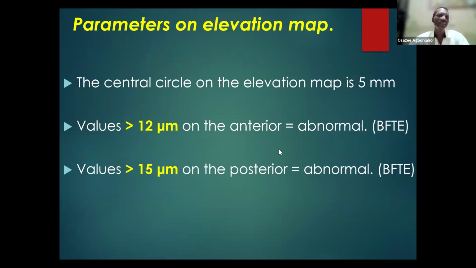Take note also, like I said, some corneal topographers like your OpScan and your Pentacam give you both anterior and posterior information. So you should be careful to look at the map. It will tell you what map this is. Is it the anterior, or some of them will tell you front or back curvature map, or front or back elevation map. You must be able to identify which is which.